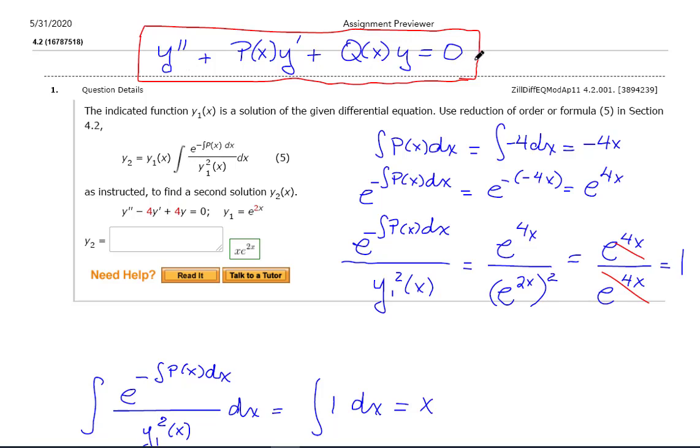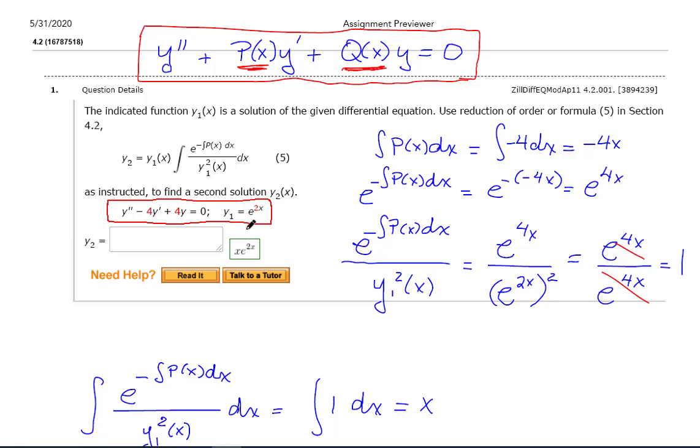In this section, we begin to look at second order differential equations. It is homogeneous. There is no driving function. We have a function p of x multiplied by y prime, and q of x multiplied by y. So what we are given is a differential equation, and we are given one solution.